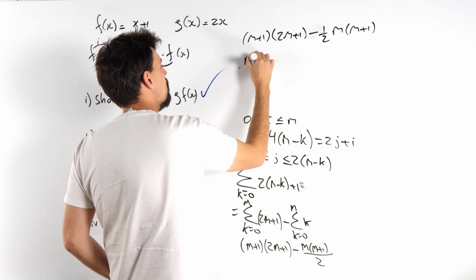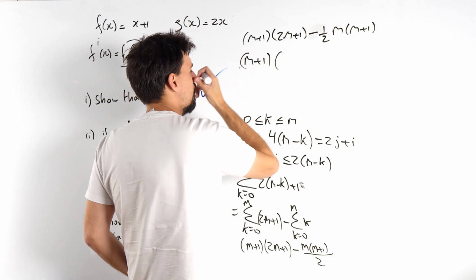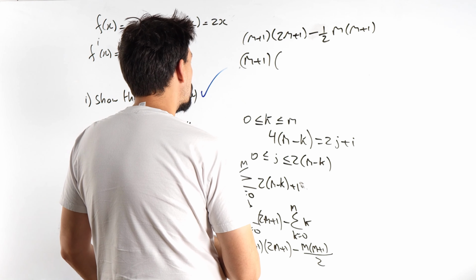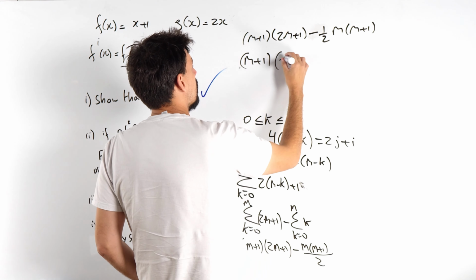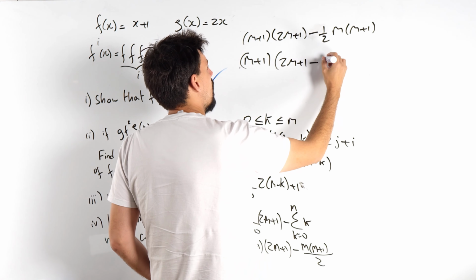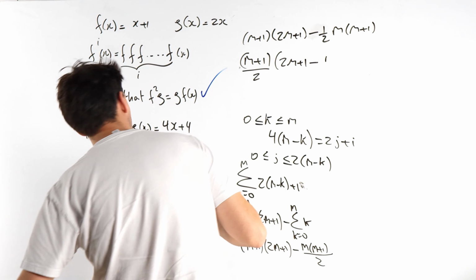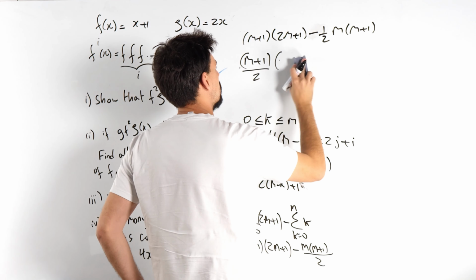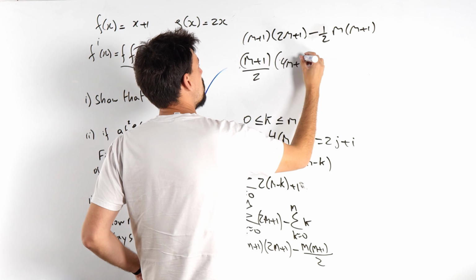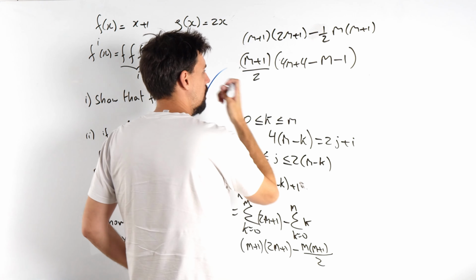Let's factorize out an m plus 1, which leaves me with 2m plus 1 minus, let's take out the half as well. Avoid playing with fractions: 4m plus 4 minus m minus 1.